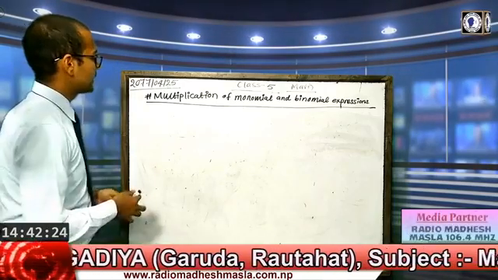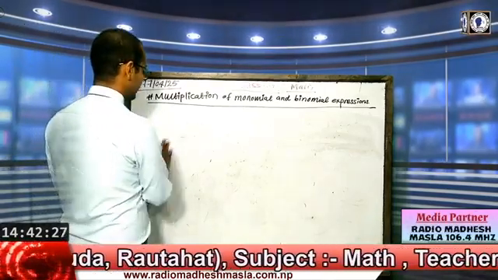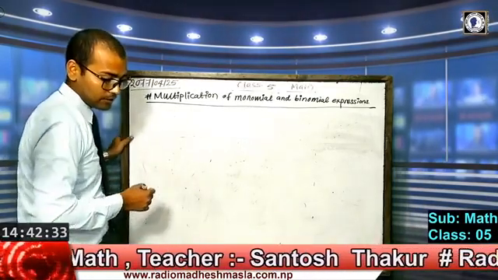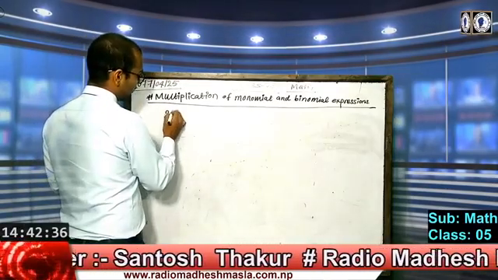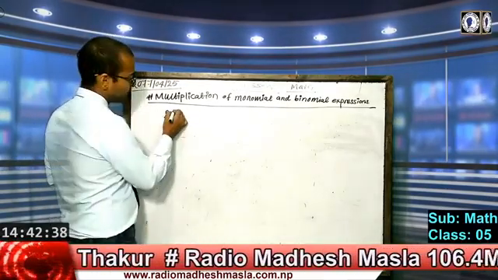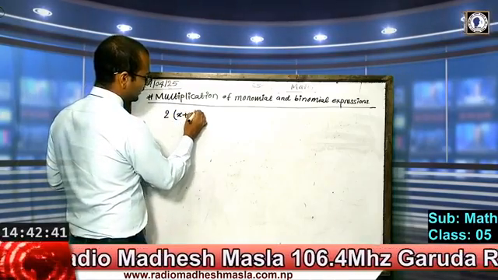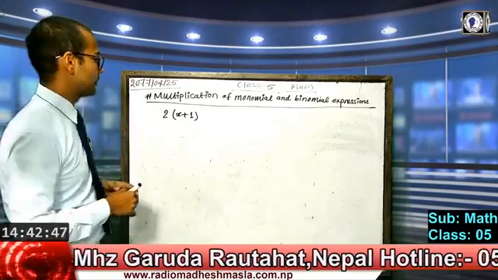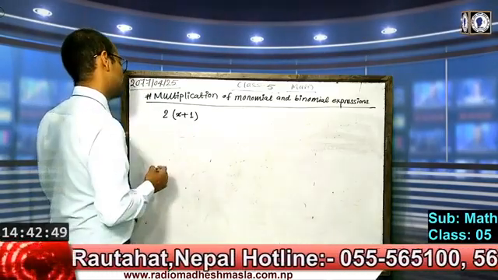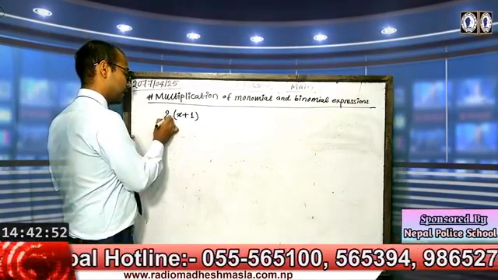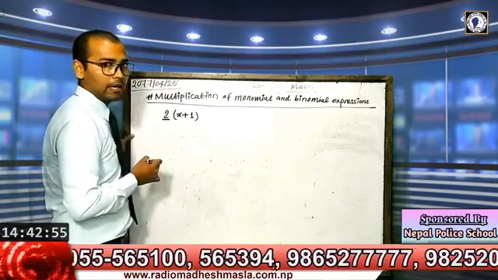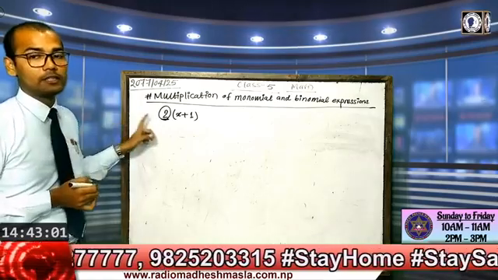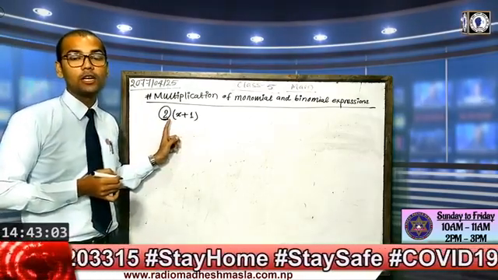So students, sometimes we are given questions like this: 2 bracket x plus 1, that is, 2(x + 1). Students, listen to me very carefully. Here first there is only 2, which, as you know, is a term.